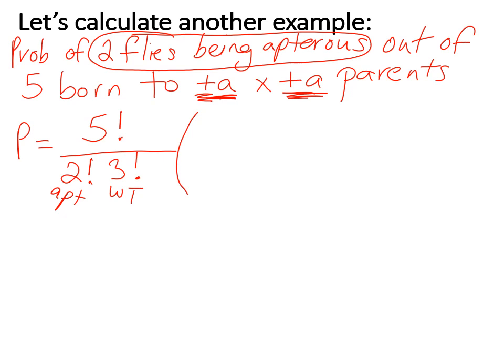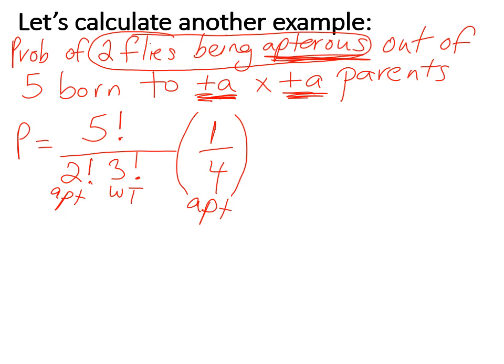So the probability of apterous, because in this case apterous is our option number 1, the probability of having apterous in a plus A cross is 1 out of 4 of those flies in the Punnett square.